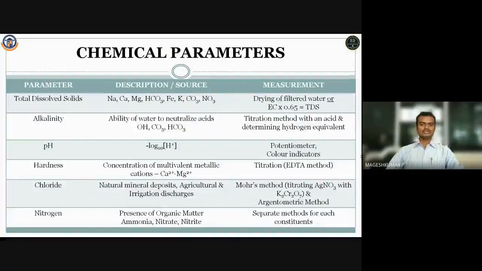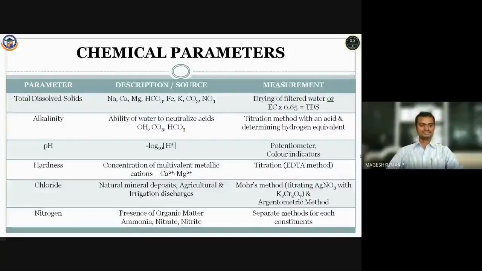Chloride is normally identified in the natural mineral deposits, and agricultural runoff and irrigation discharges contribute chloride to the water bodies. And Mohr's method of titration with silver nitrate and potassium dichromate gives you the readings for chloride. The method name is argentometric method.